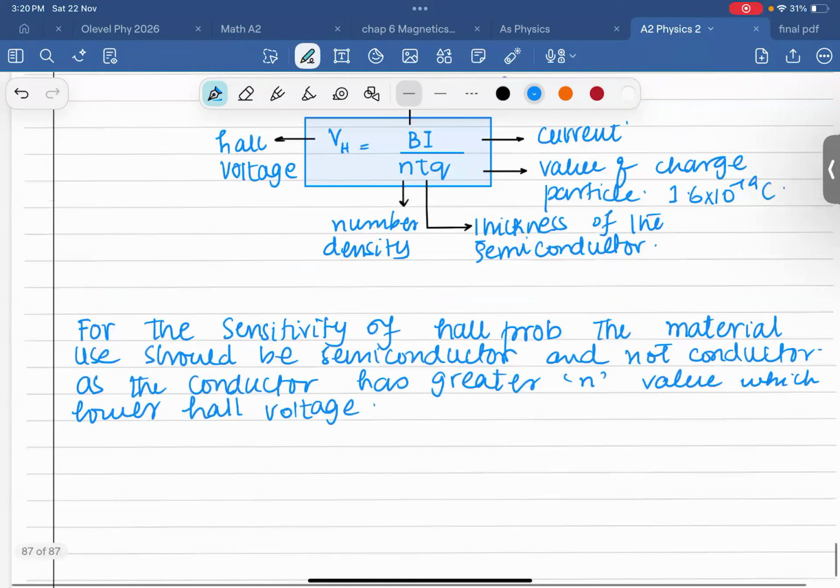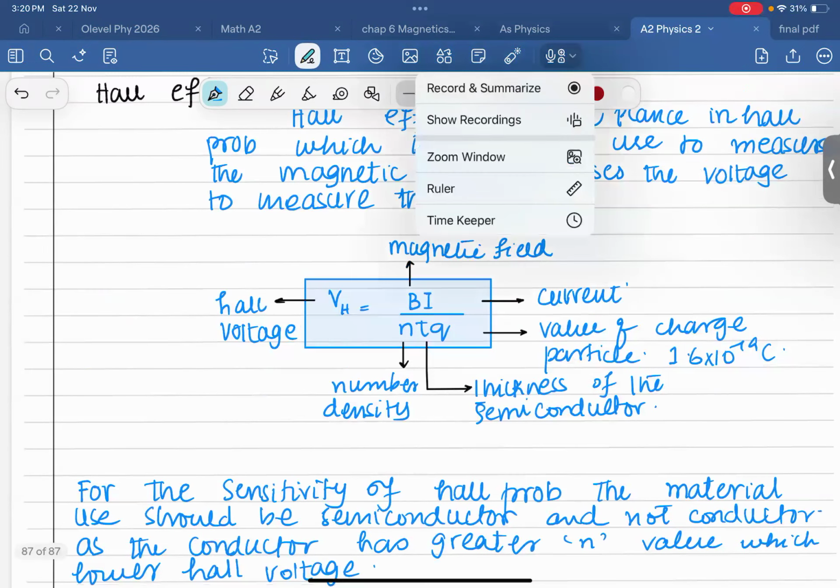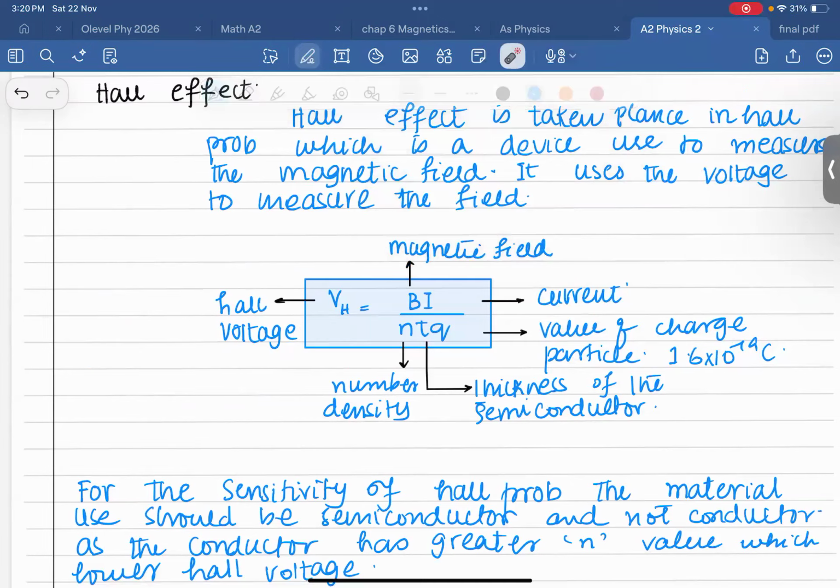The Hall voltage is inversely related with n, and n will be smaller in a semiconductor because it won't have a large number of conducting particles. While in conductors we have a large n, which gives a small Hall voltage. So that's why we use the semiconductor.